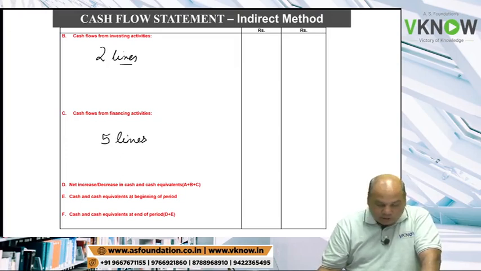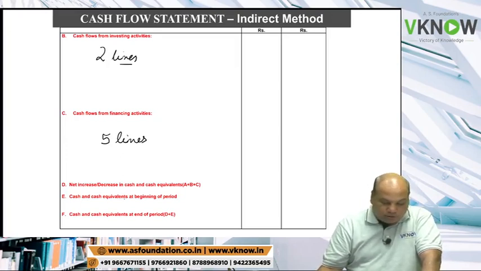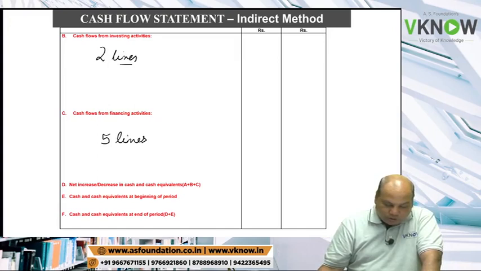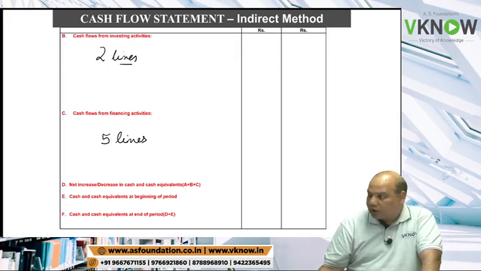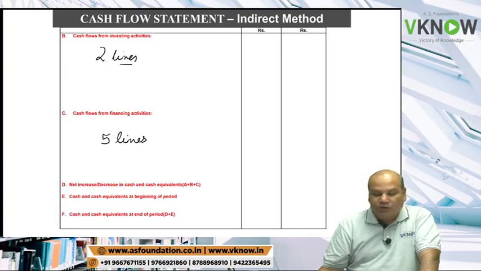Point number D, write down net increase or decrease in cash and cash equivalent. One line blank. Point E, cash and cash equivalent at the beginning of the year.